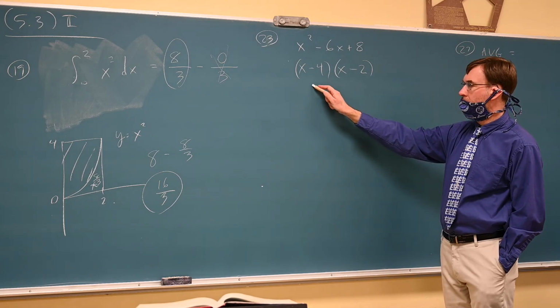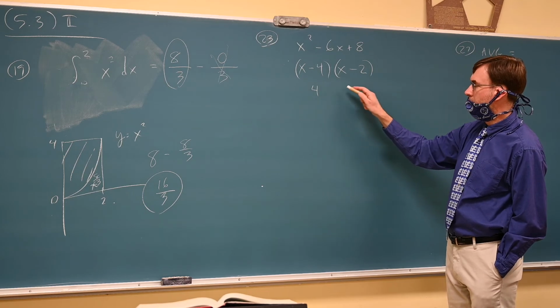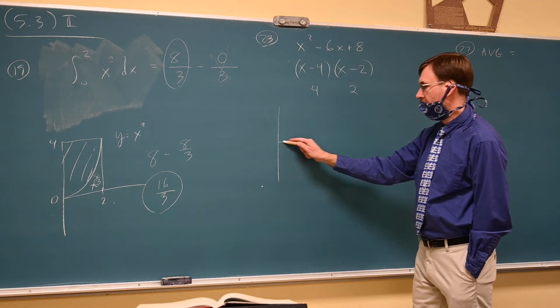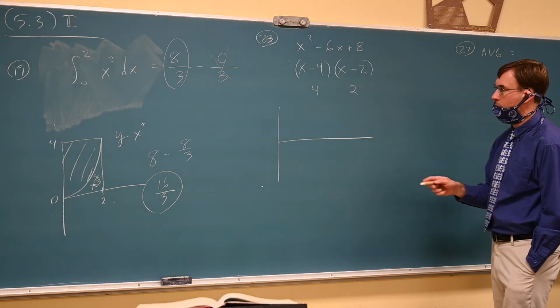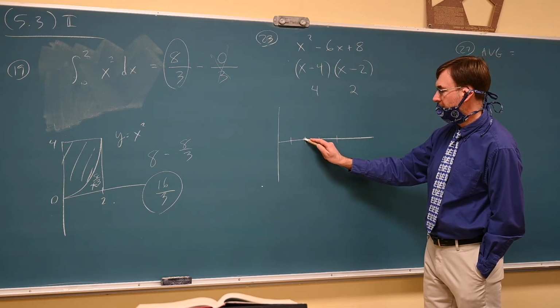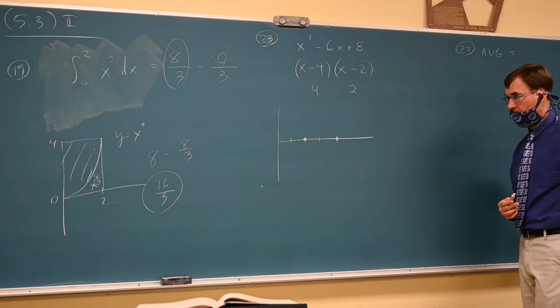Then this would tell you a number, positive 4. This would tell you a number, +2. How those numbers are going to manifest themselves on the graph, those are going to be the points where we touch the x-axis. So we're going to touch at 2, we're going to touch at 4, and that's like the beginning part of our graph.